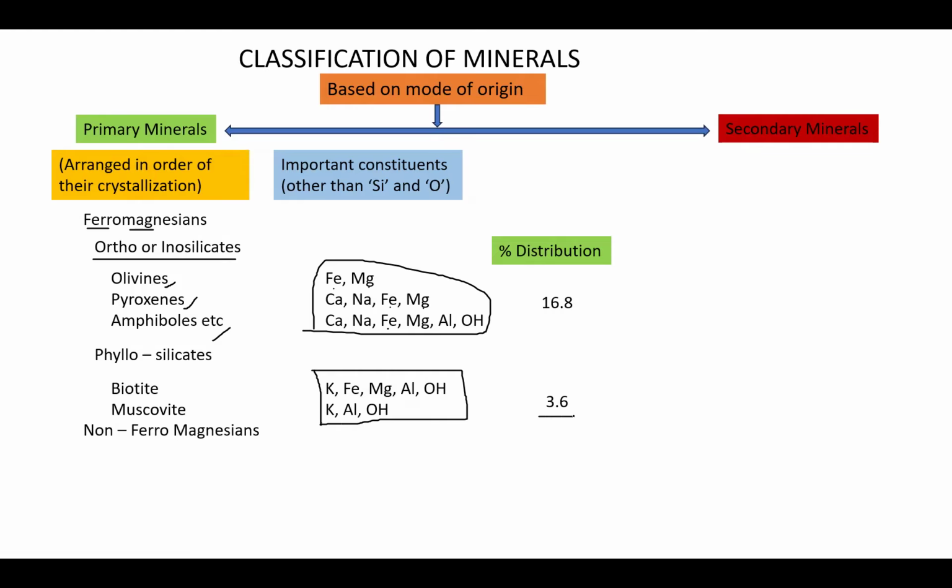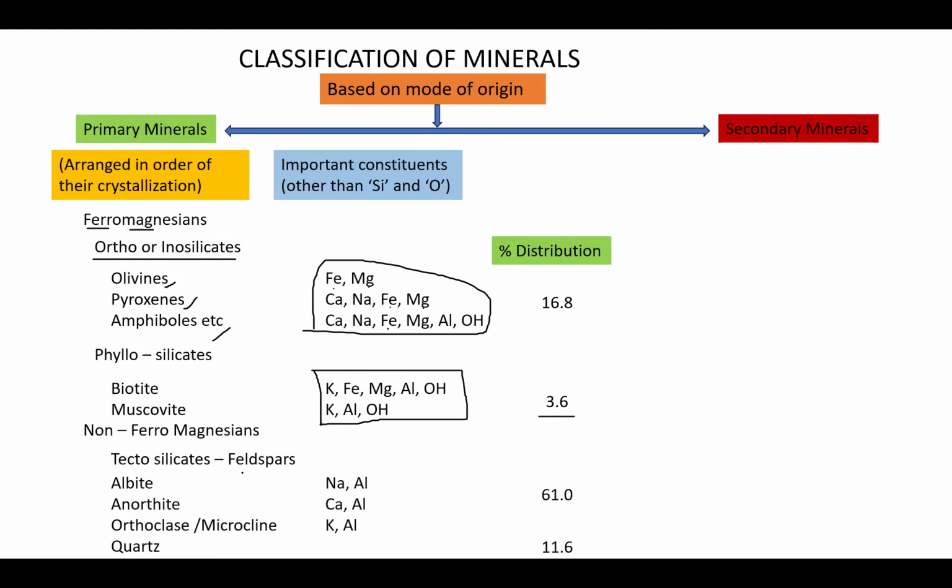Followed by non-ferromagnesian, quite opposite to the ferromagnesian. Examples are tectosilicates, such as feldspar. Under tectosilicates: albite, anorthite, orthoclase or microcline, and quartz. Quartz is distributed 11.6 percent, and all these three combined are around 61.6 percent.